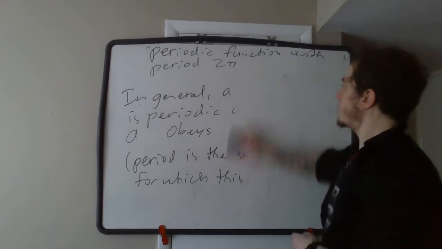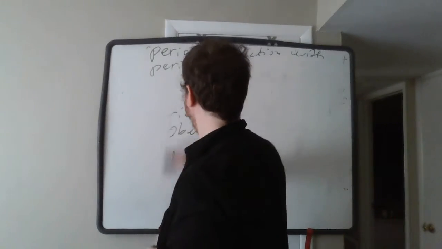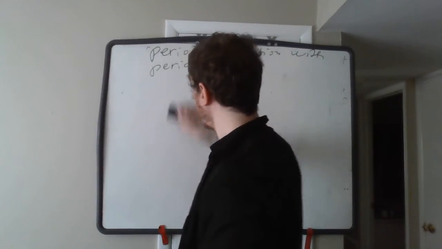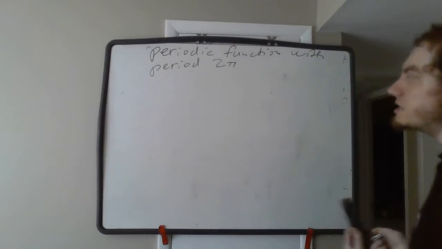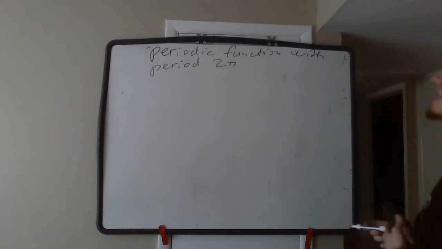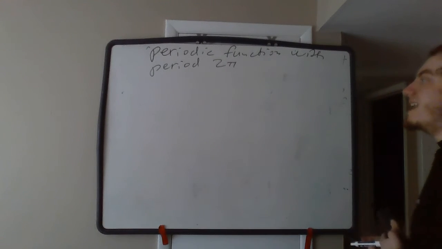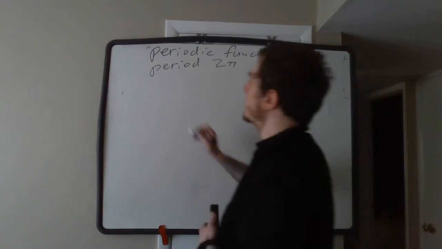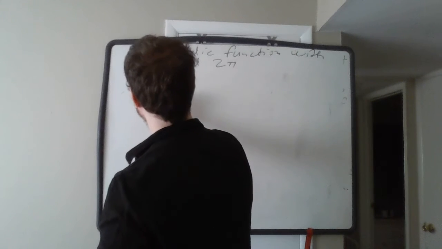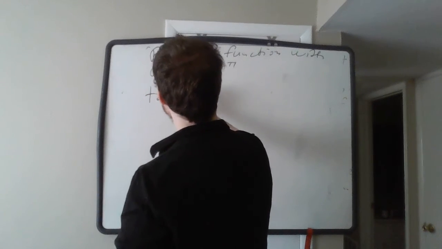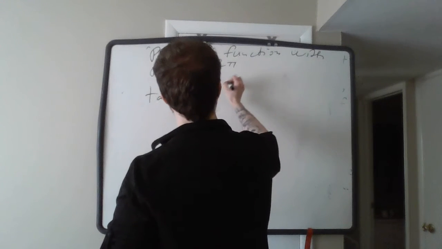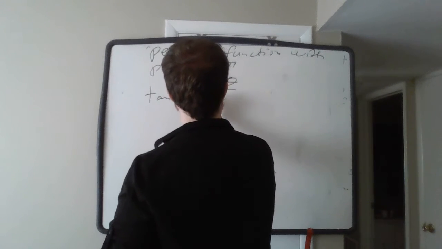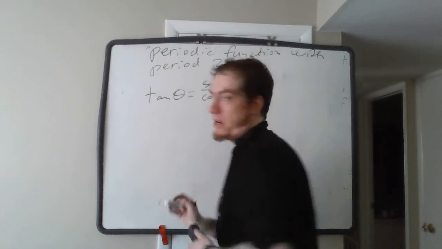One thing that we can observe from this is that the tangent function, remember we defined the tangent function in terms of sines and cosines a few minutes ago, well, it turns out that that is also periodic, but it has a slightly different period. So tangent of theta is equal to sine of theta over cosine of theta.